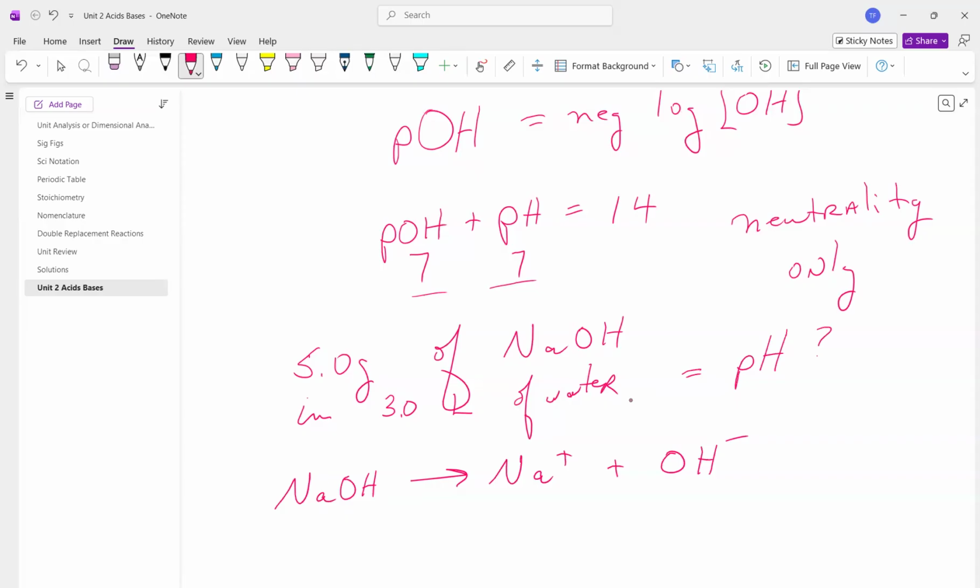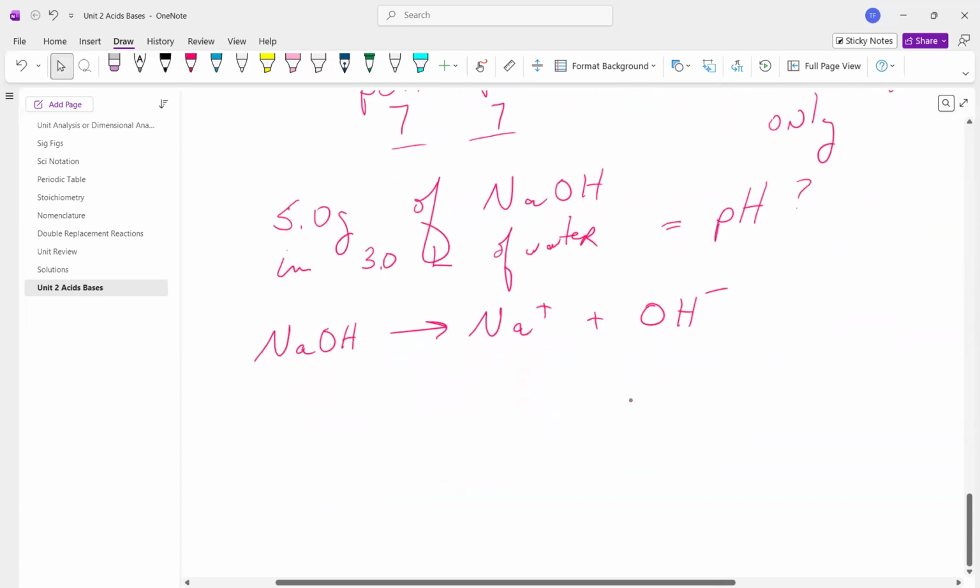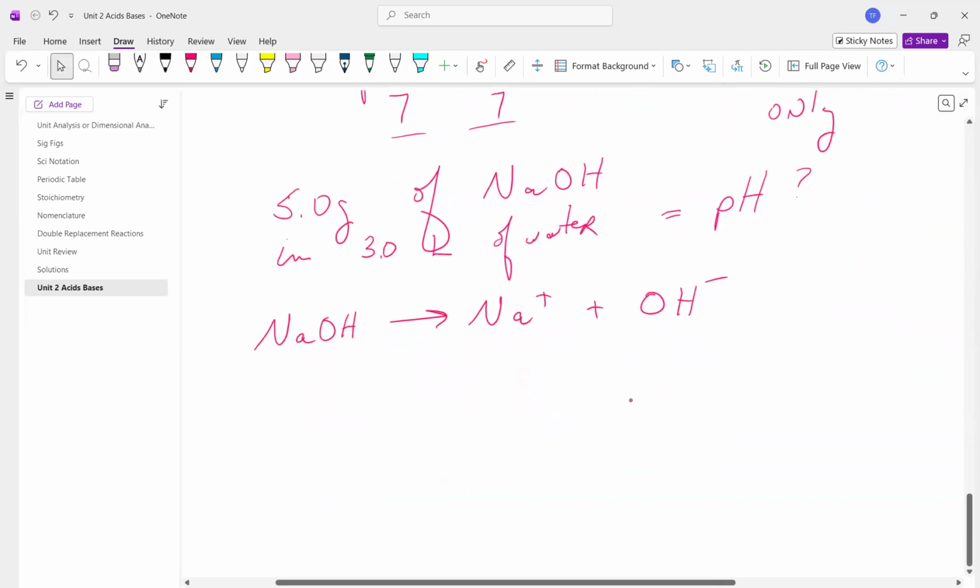Well, it's tied up with the O. So you only see OH, not H by itself. So we can calculate the pOH, however. Once we find the pOH, we can find the pH through 14.